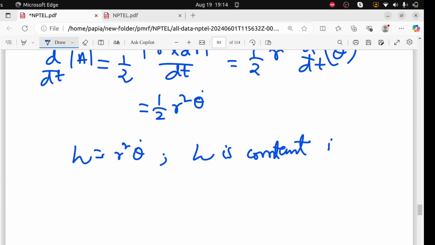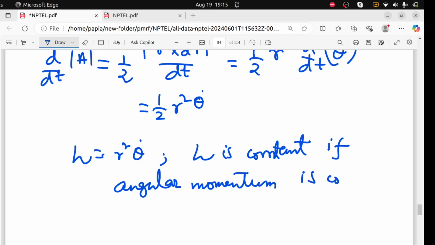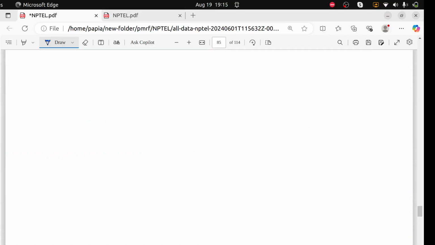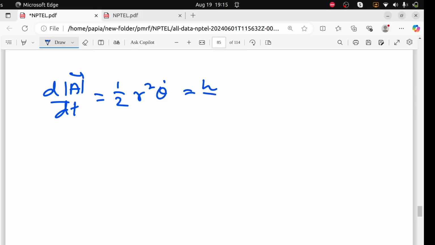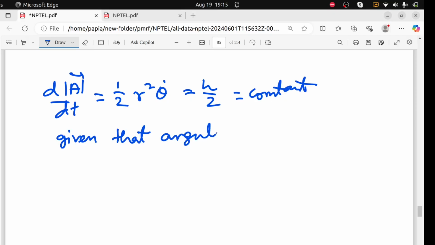constant if angular momentum is constant. So we only need the condition that dA/dt equals half r squared θ dot, which is h by 2, which is constant, given that angular momentum is conserved.